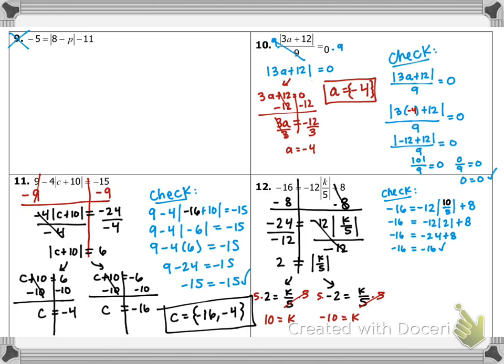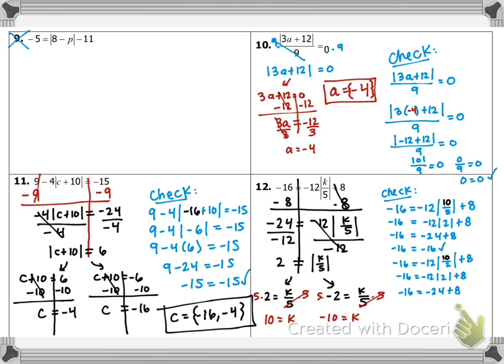And if you think logically, think if you plug in a negative 10 here, wouldn't that just be negative 10 divided by 5, which would be negative 2? And the absolute value of any negative is positive, right? So it would be negative 12 times positive 2. It would be the same thing. If you have the same numbers and they're both being put in absolute values and they're just opposite signs, it's going to be the same answer, but I'll write it out just in case you wanted to see it.